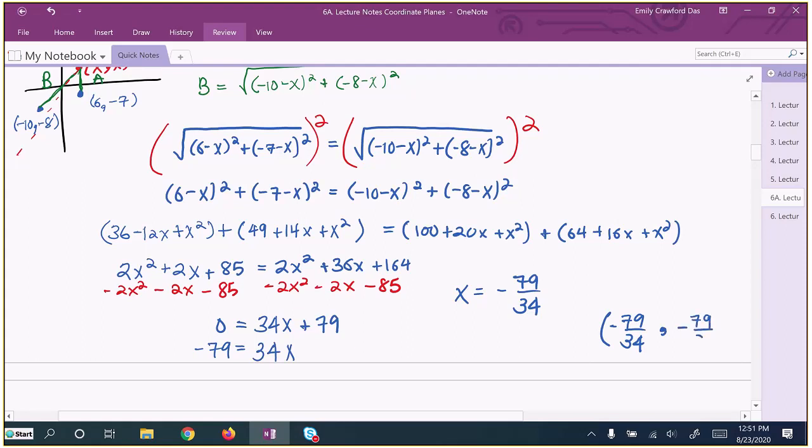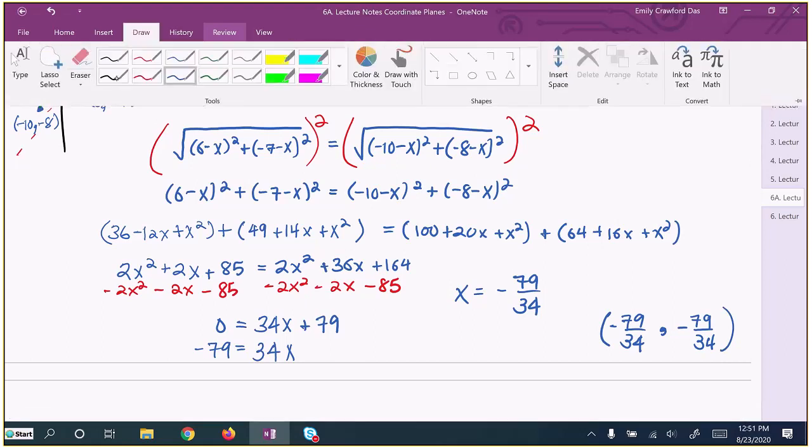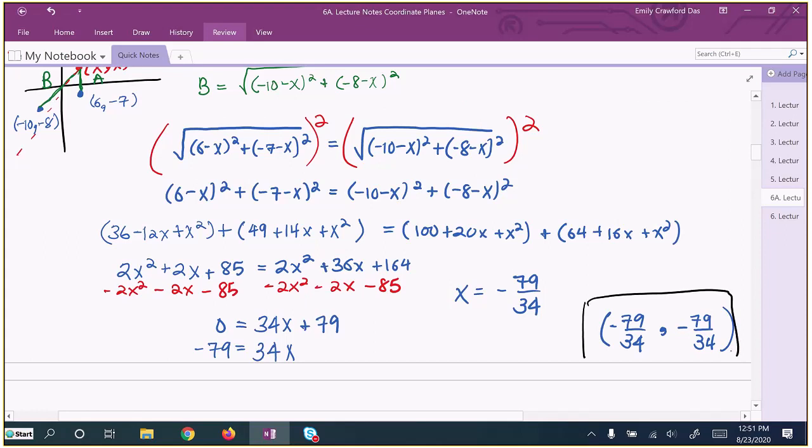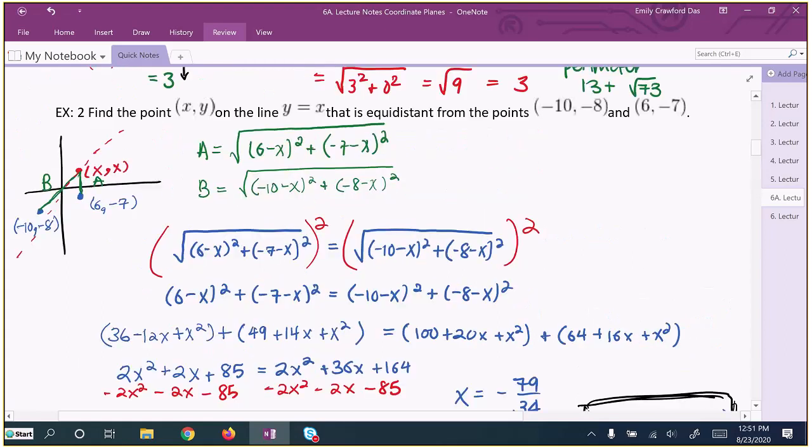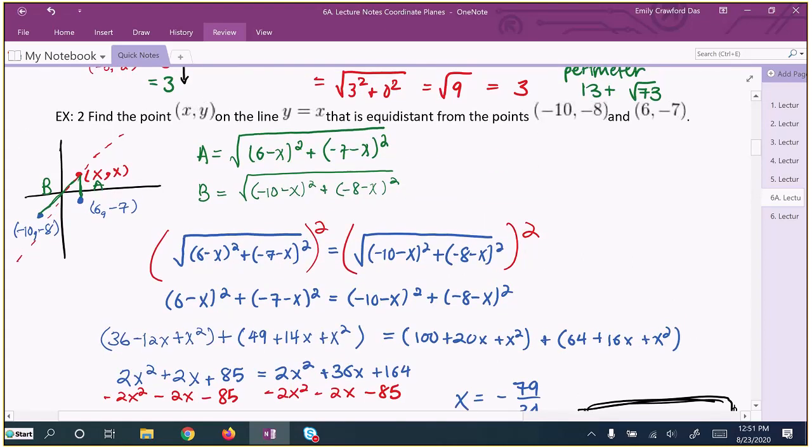So this is going to be my point: minus 79 over 34, minus 79 over 34. This point should be of equal distance from this guy. So it looks like it's probably somewhere here. That should have equal distance from both points.